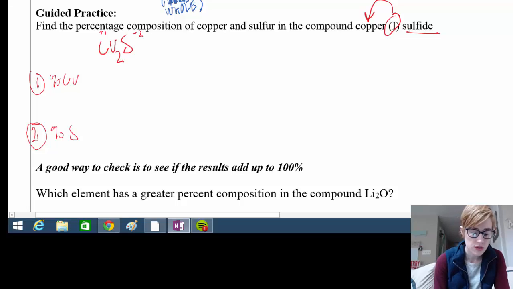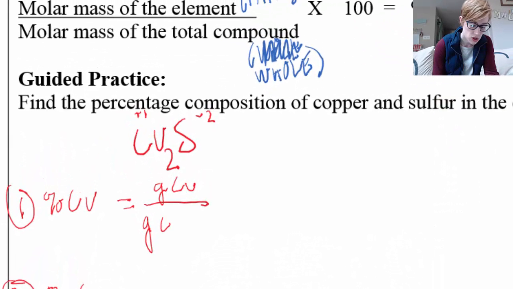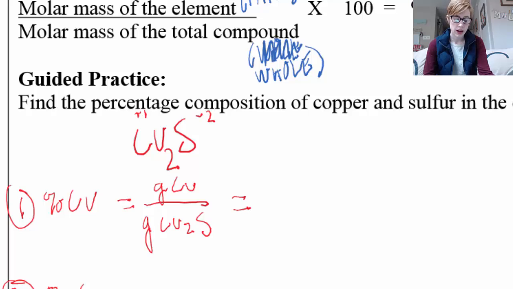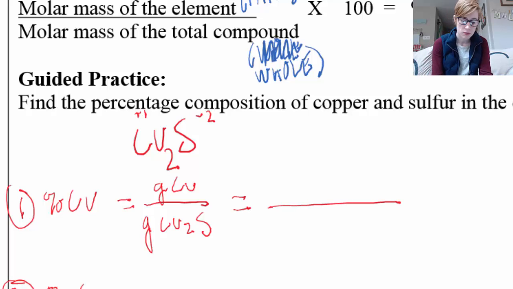To find the percentage of copper, I need the part, which is grams of copper, and then I need the whole, which is grams of my whole compound. Okay, so how many grams of copper do I have? Well, remember that you don't just have 1 atom of copper, you have 2 atoms of copper, so you can't just write down the molar mass of copper. The molar mass of copper is 63.55.